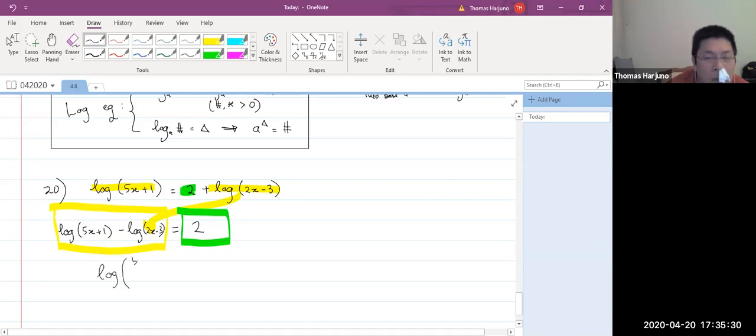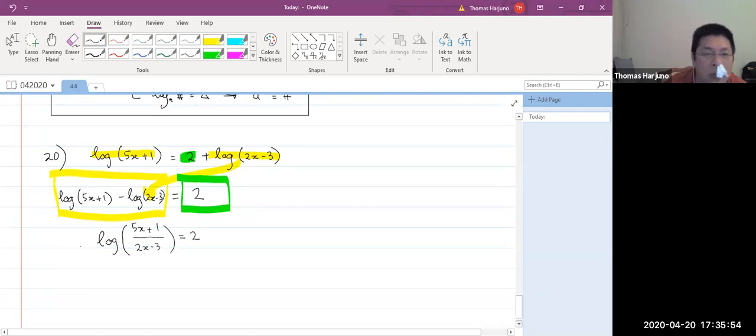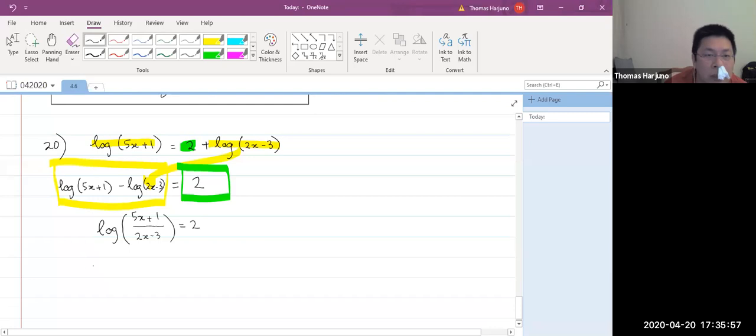So log minus log is log of quotient. Now I already have single log on one side and constant without log on the other side. Now, guess what? What do we do after this? Change it into exponential form.